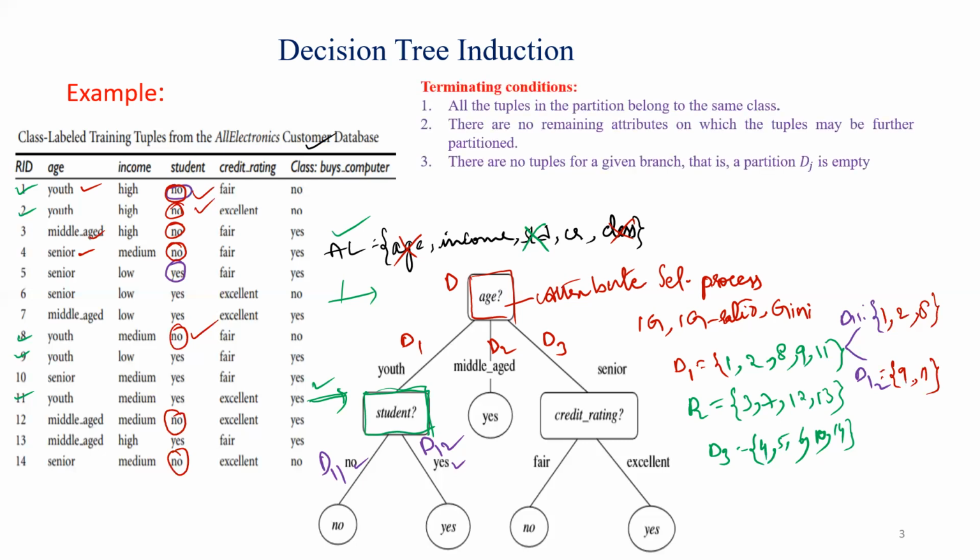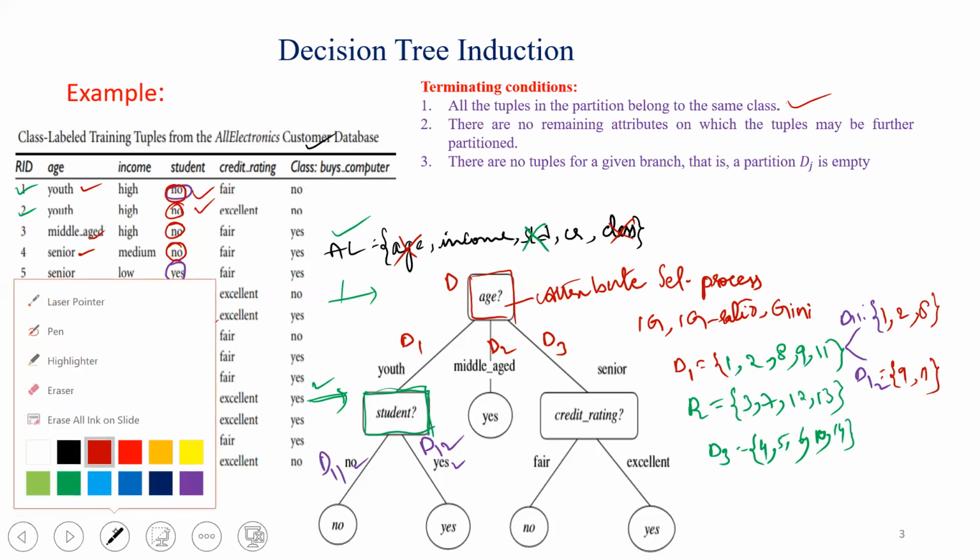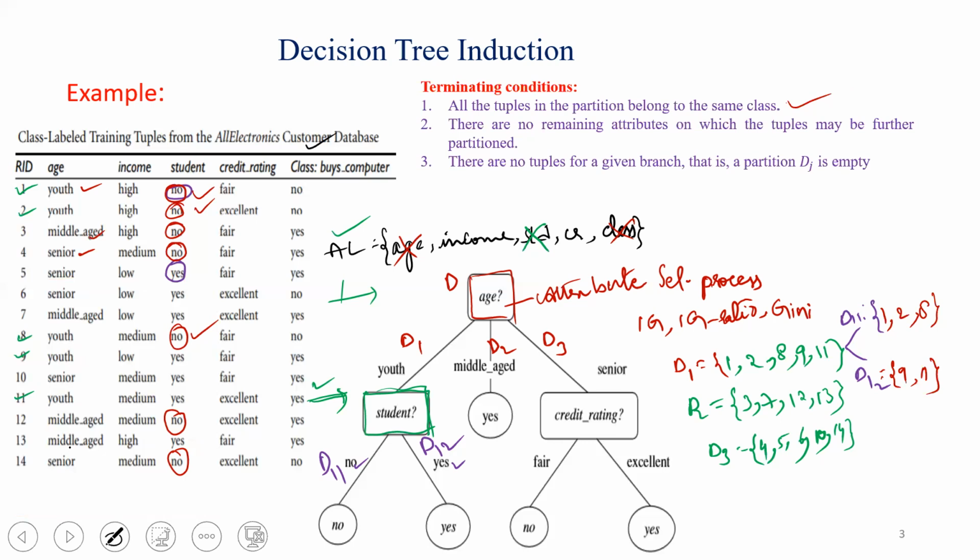The first one is that all the tuples in the partition belong to the same class. If you observe the second partition D2, middle S, S is equal to middle S. From the data set, all the tuples in D2, which are 3, 7, 12, 13, consist of the S class.